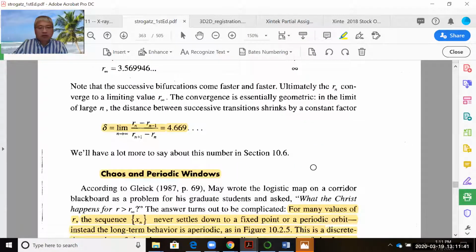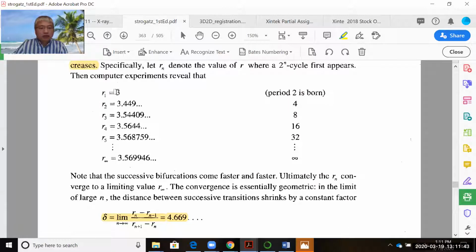So here it's a period 2, then 4, then 8 period doubling again, and they keep period doubling until you reach the limit number, 3.57. Of course, we cannot find this limit number analytically, just numerically.